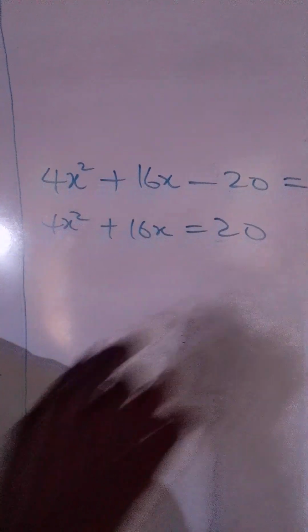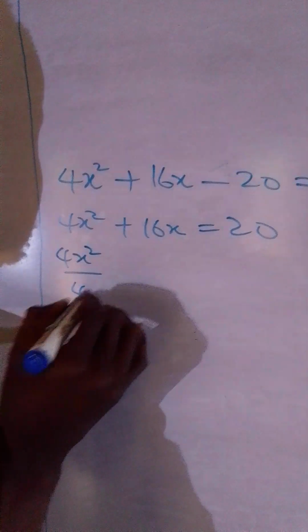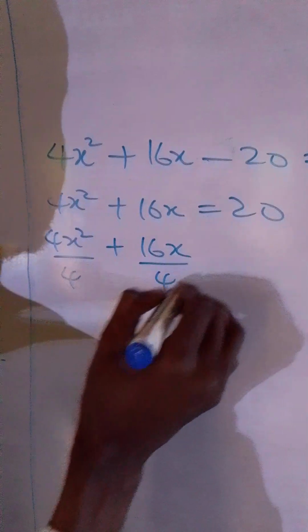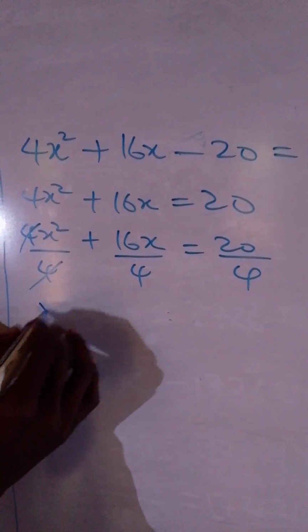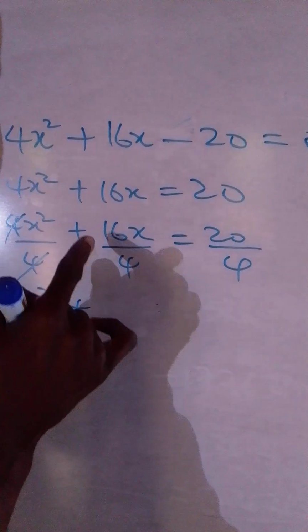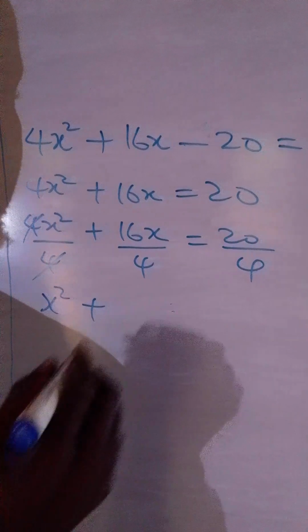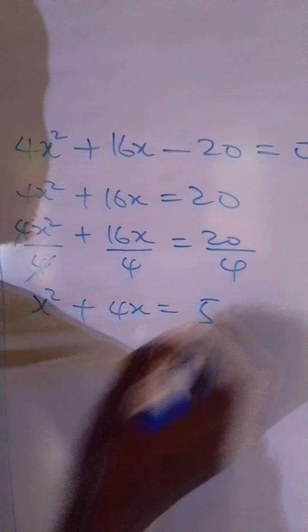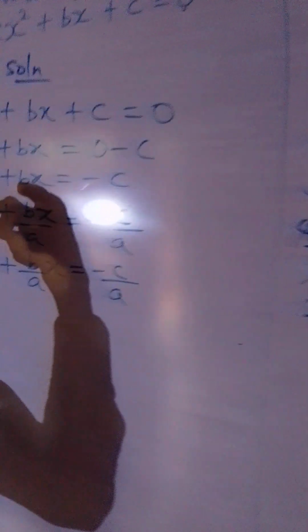If not, divide all through by the given coefficient of x squared. So we have 4x squared over 4 plus 16x over 4 equal to 20 over 4. So 4 cancel 4. We have x squared plus 16 divided by 4 will give us what? I think that will be 4, right? 4x equal to 20 divided by 4 is what? 5. So I've applied step 1 and step 2, which equally I've also done here.